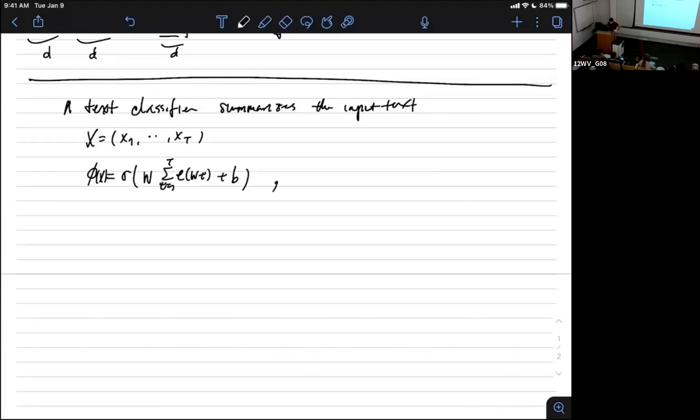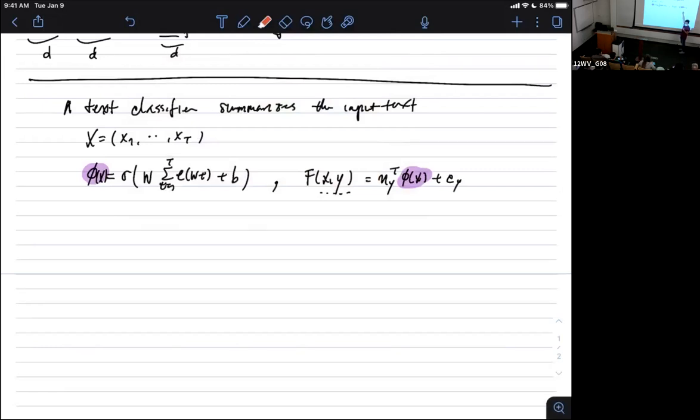And then given this feature vector, the score we assign to the class given the input is u_y, that is the class embedding of y, transpose phi of x, plus the class bias. What we notice here is that, from the perspective of this score function, this phi of x is what the input is.